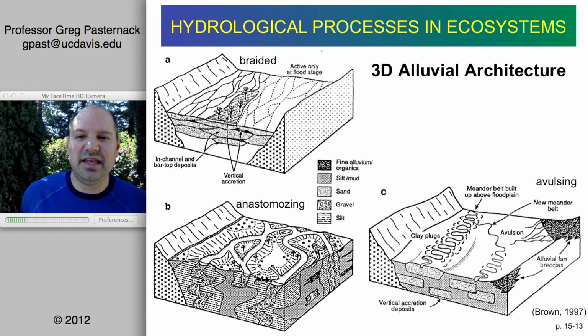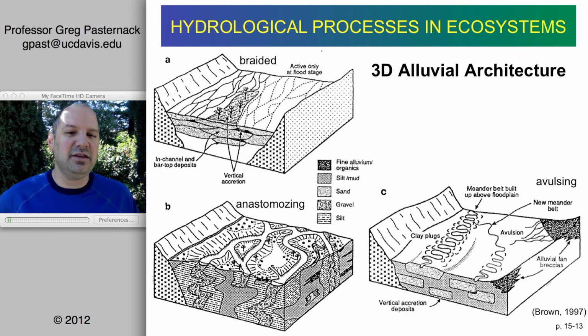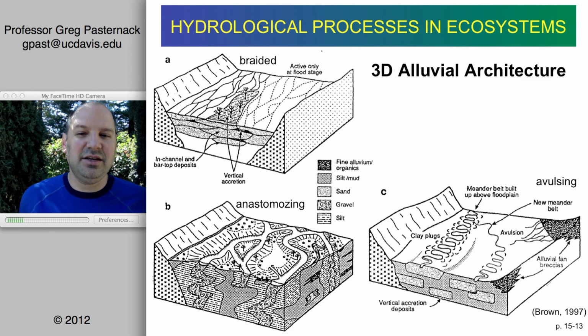The last piece of this is that we can look at the three-dimensional structure of a river corridor and its floodplain to understand that there are different, what we're going to call habitats, that have different dynamicism to them, different water and nutrient contacts, and different migration of materials that are necessary for the growth of different plant communities, or ultimately assemblages of other kinds of organisms, whether they're mammals or fish or macroinvertebrates.